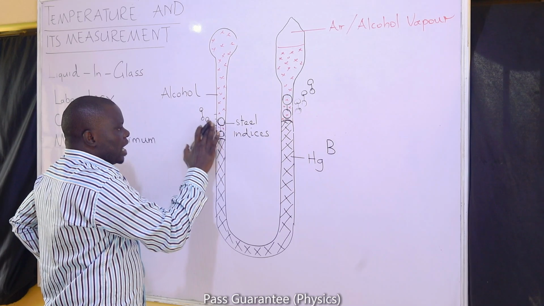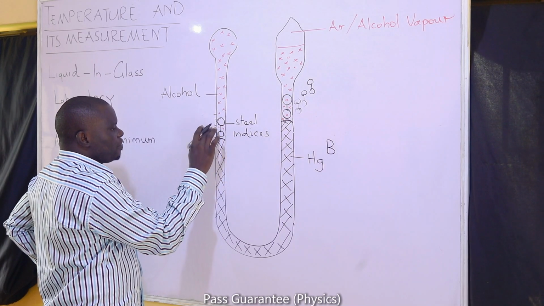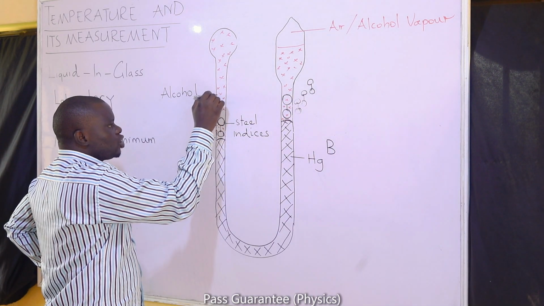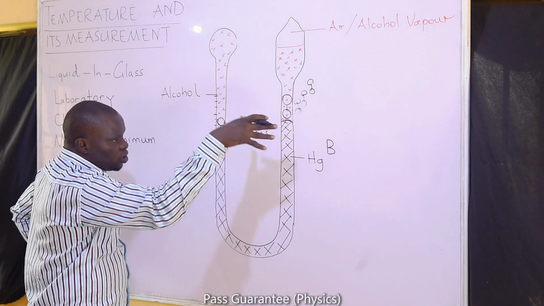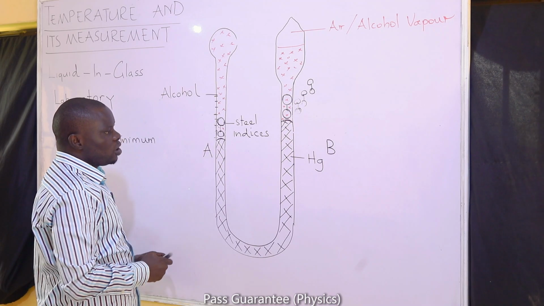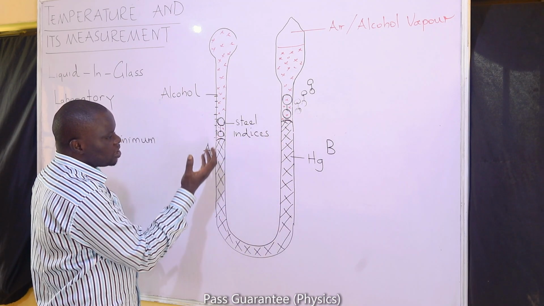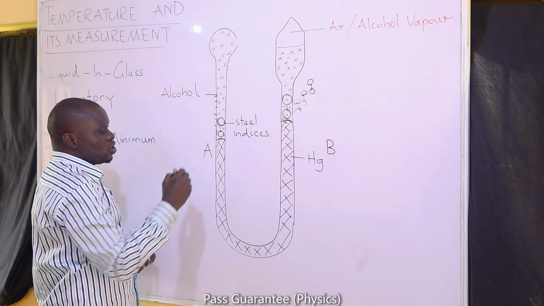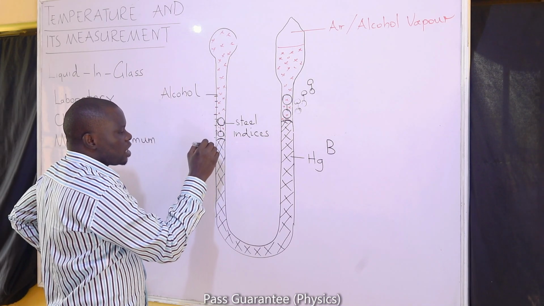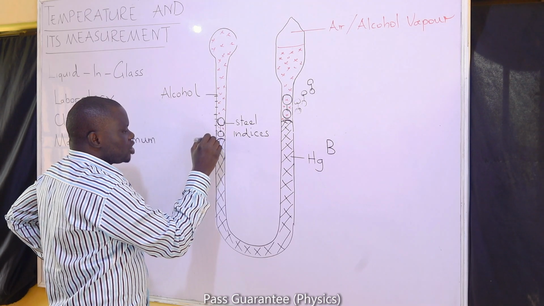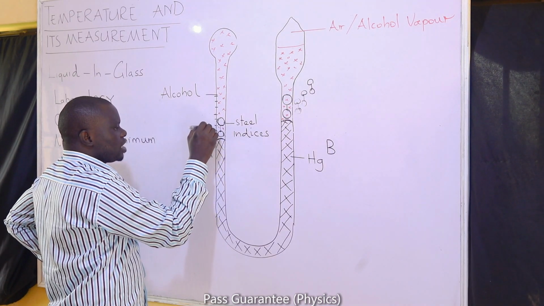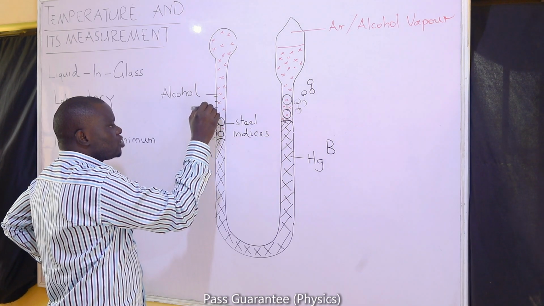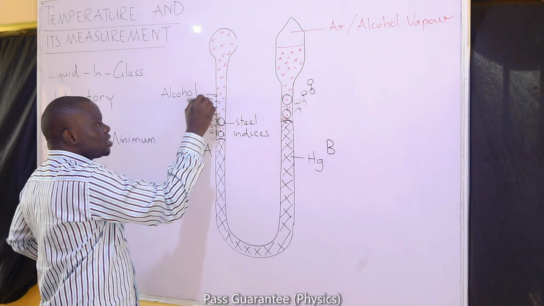So along this arm, you have it graduated in lower temperature, because the smaller the temperature, the more will be the movement of the mercury on this arm due to the contraction of alcohol. So it is possible for you to have temperatures like 30 degrees Celsius, 20 degrees Celsius, 10 degrees Celsius, 0 degrees Celsius, minus 10, minus 20, minus 30 degrees Celsius.